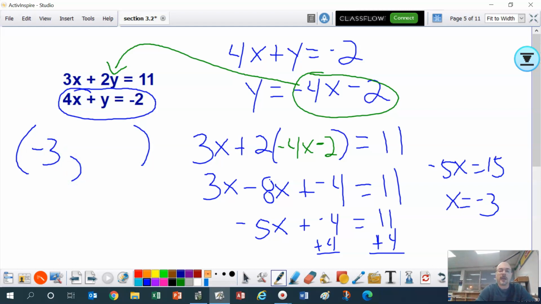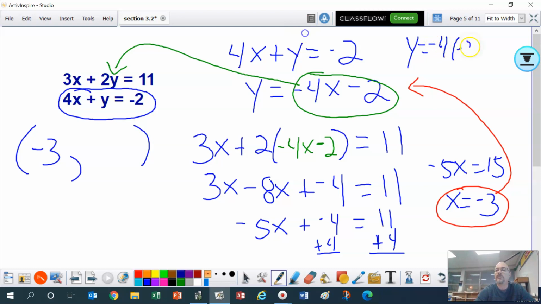Now I'm going to plug that in up here. Sorry, this is kind of sloppy, y equals negative 4 times negative 3 minus 2. That looks like positive 12 minus 2, so y is 10.